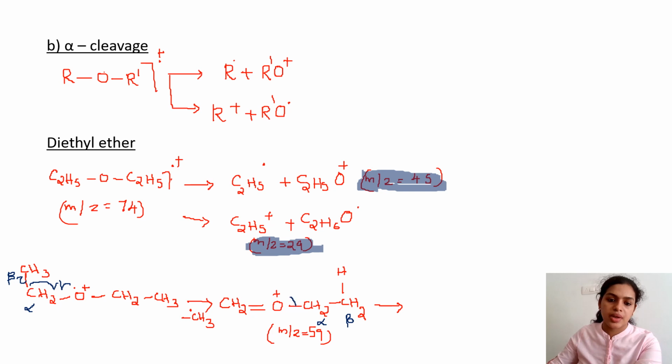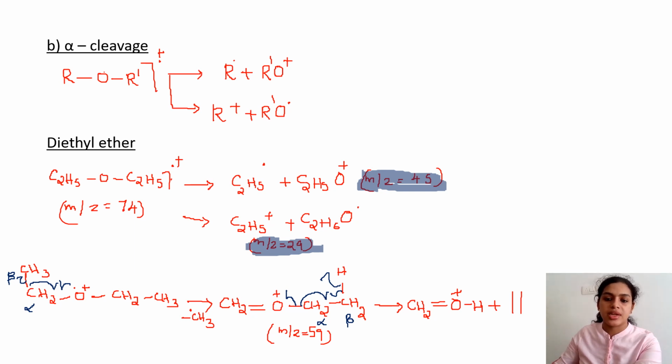Now see, the bond breaks here, and there is an elimination of an ethylene molecule, and the remaining one is CH2 double bond O plus H. This H has attached to this oxygen plus.